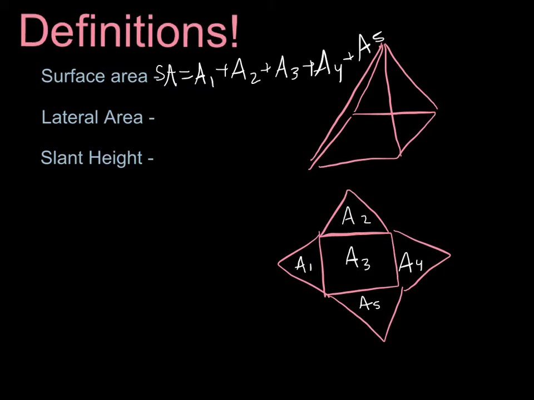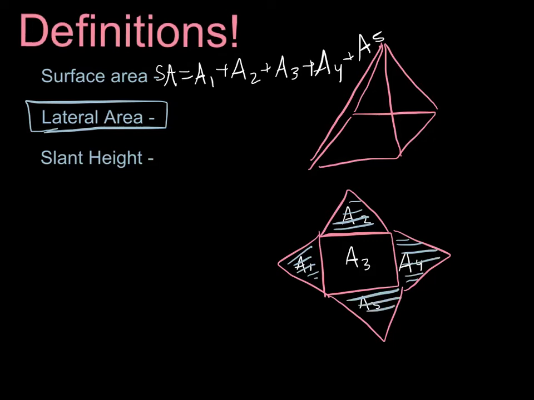Now the lateral area, and I'm going to draw that as blue, the lateral area is just the area of all of the sides, not including the base. So in this case, the lateral area would only be area 1, area 2, area 4, and area 5. So it's not including this base.